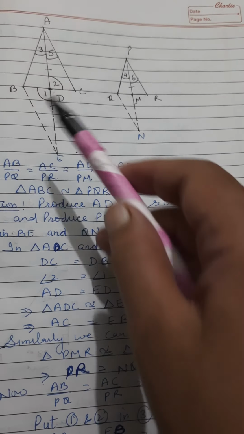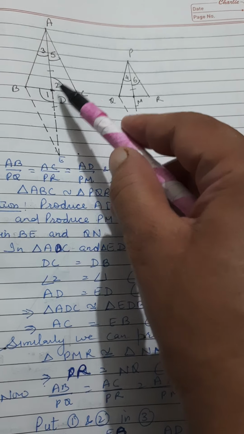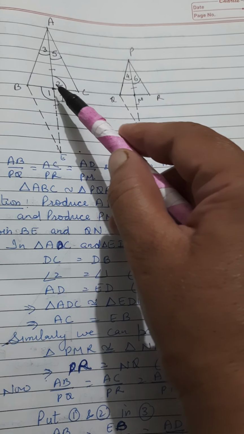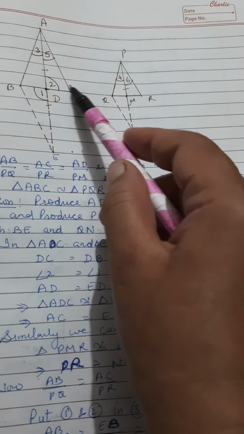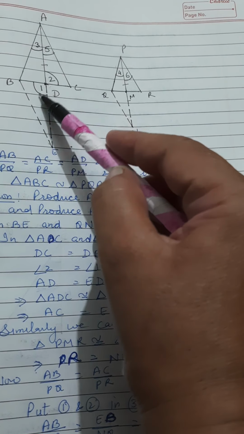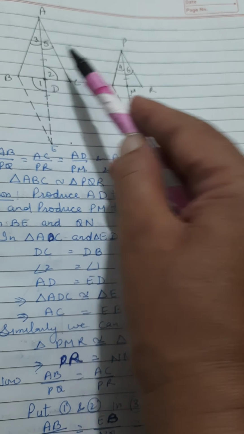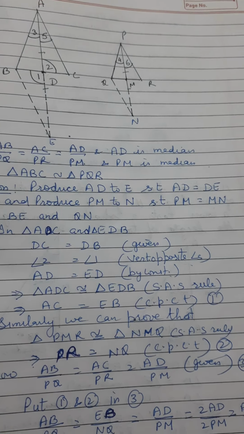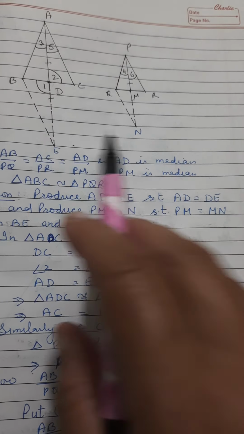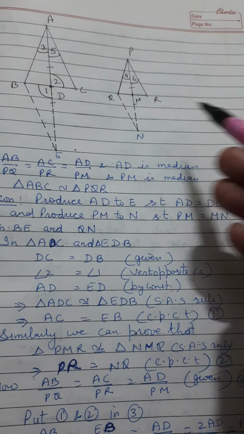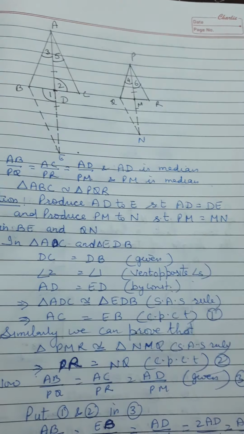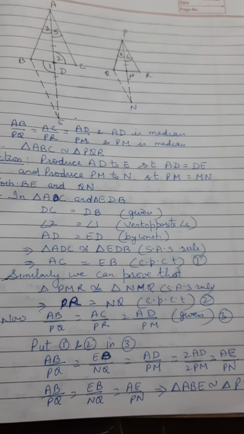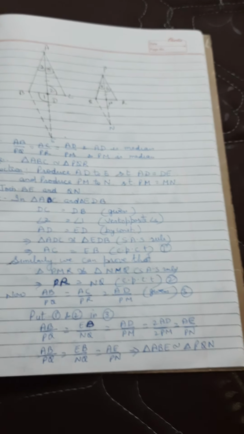Then these two triangles are congruent by side angle side criteria. From here we get AC is equal to EB. We have got this because of CPCT.